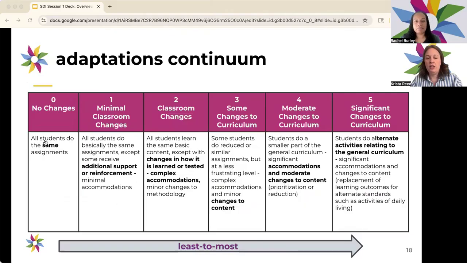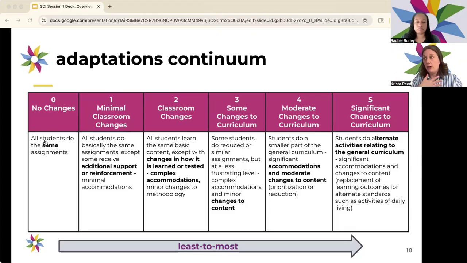And just want to acknowledge that adaptations exist on a continuum, right? We can be doing an adaptation that is essentially a very small change, right? It's a minimal change to the methodology or to the content. Maybe we're adding a little bit of additional content for a student who has a hearing impairment, but we could also be on the farther end of this continuum, least to most adapted, and be making very significant changes to what or how a student learns based on their individual needs, right?